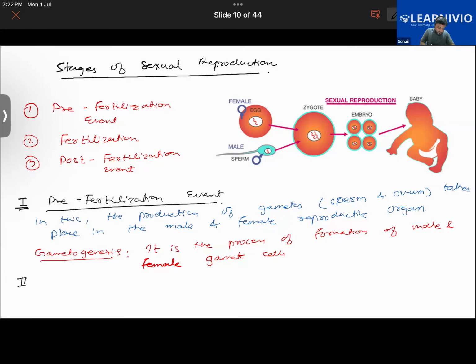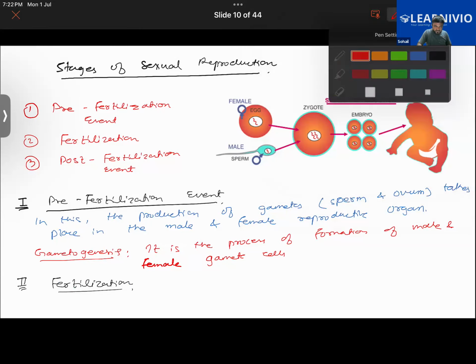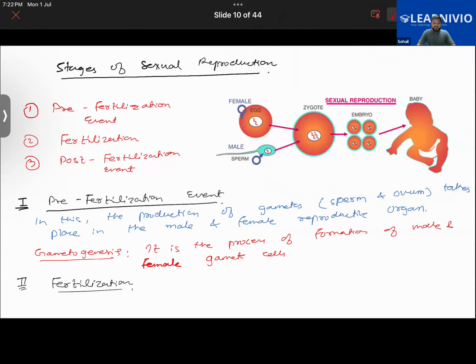Now write about stage number 2, that is the fertilization event. Fertilization is the process where the male and female gametes are fused to create a zygote.